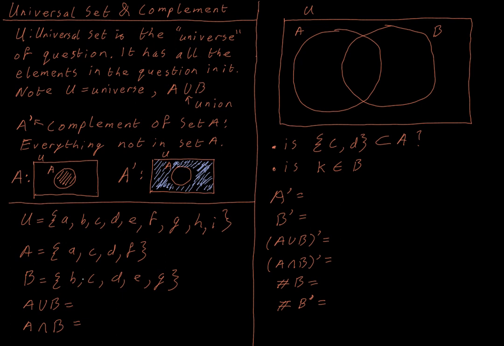Now let's go through some points that we already know for just a bit of recap. What does A union B look like?